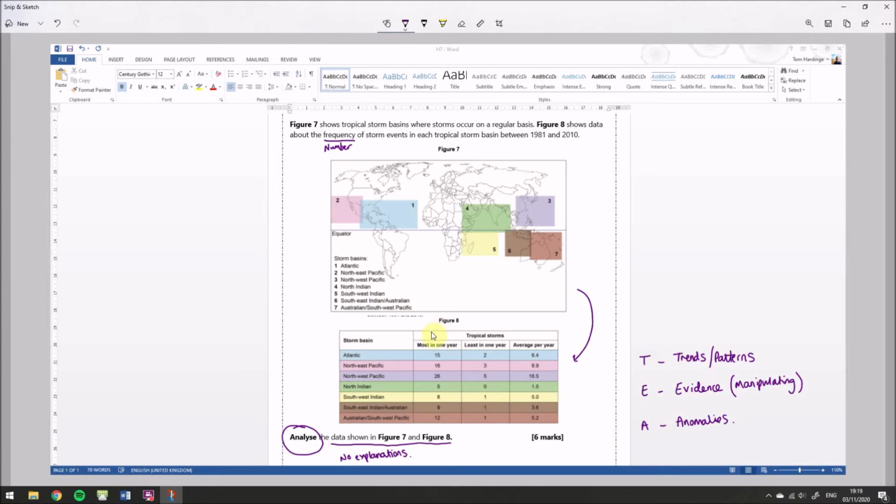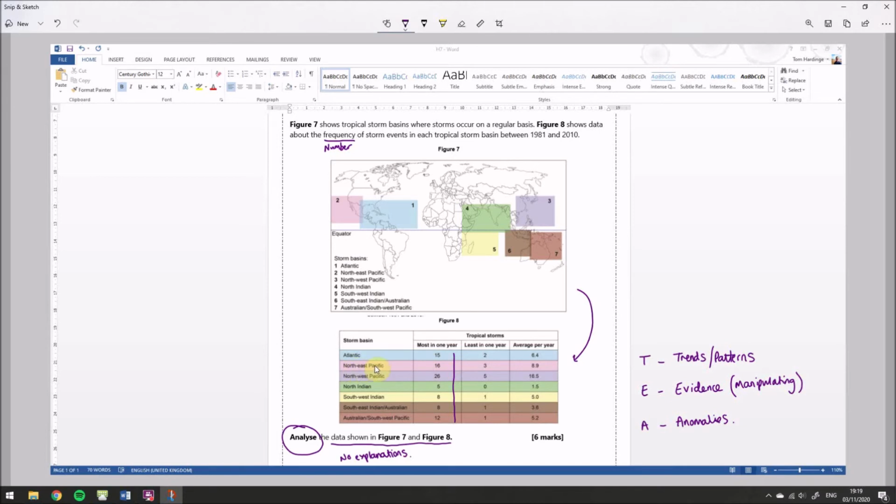So for example, we might look at each of these columns one at a time. So we might consider, is there any pattern to where is experiencing the most storms in any one particular year? Remember that in each case we've actually got the opportunity to combine some of these figures.